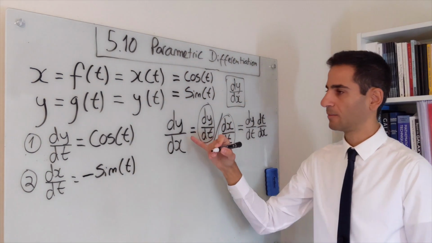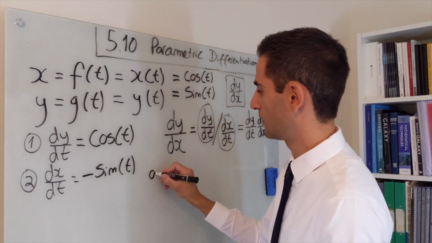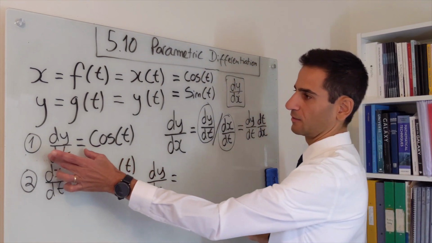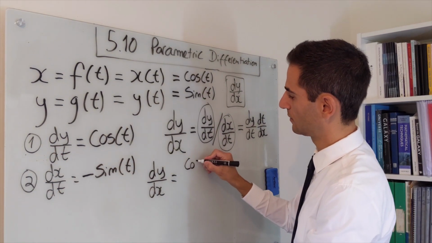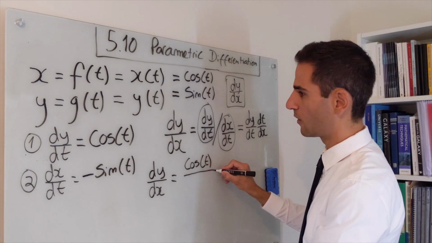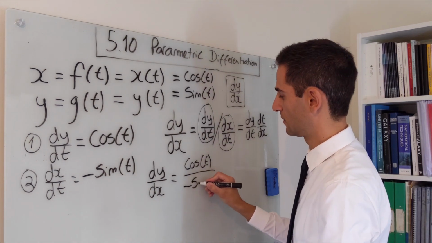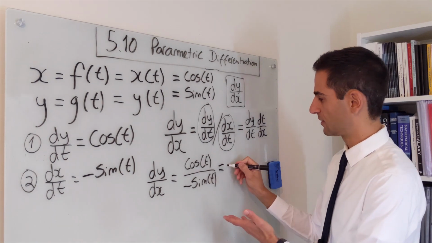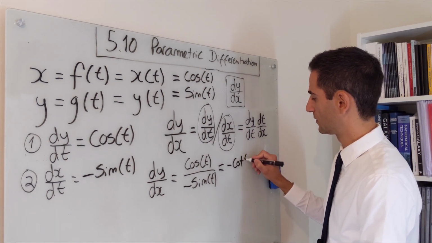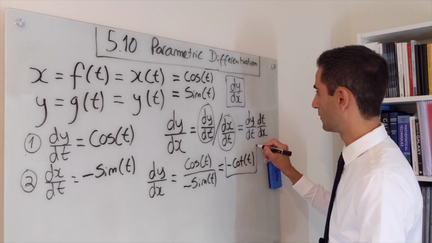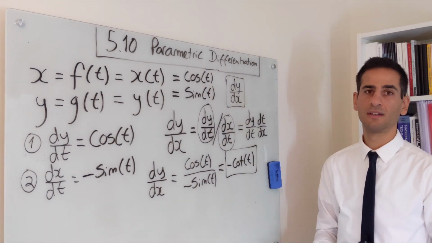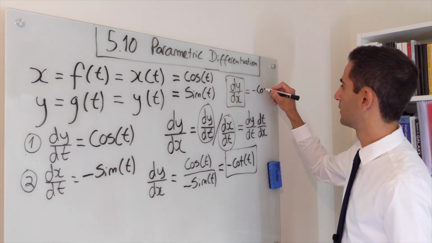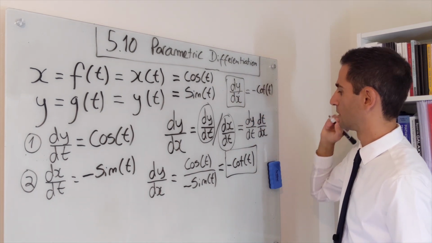And by using parametric differentiation, then dy/dx is just given by the ratio of dy/dt, that's cos of t, over minus sine of t, which also means that you can write this as minus cotangent of t, being your final answer. In this case, with these simple functions, dy/dx is minus cotangent of t.